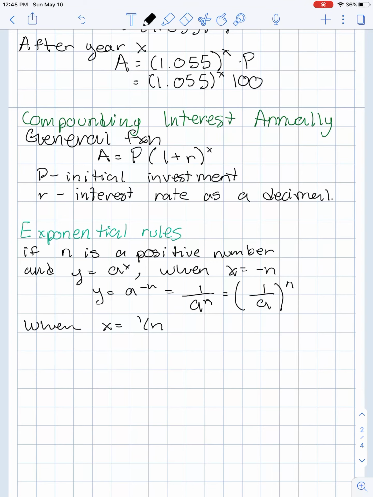When x equals 1 divided by n, we'll have y equal to a to the 1 divided by n, and that's the same as the nth root of a. So if it was 1 over 2, it would be a square root. All right?